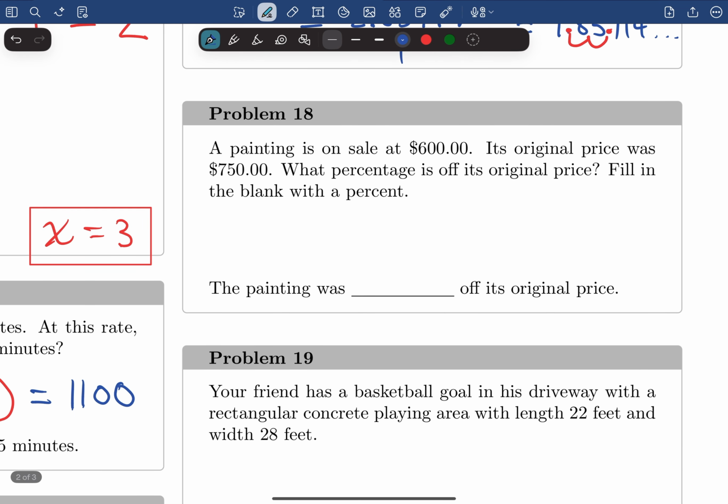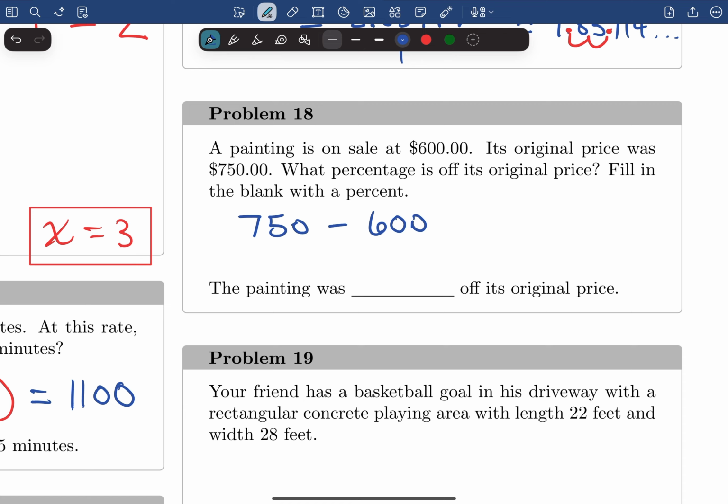A painting is on sale at $600. Its original price was $750. What percentage off its original price? Fill in the blank with a percent. So let's start with the original price and subtract off the sale price.